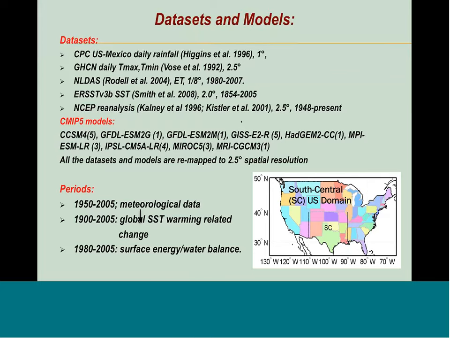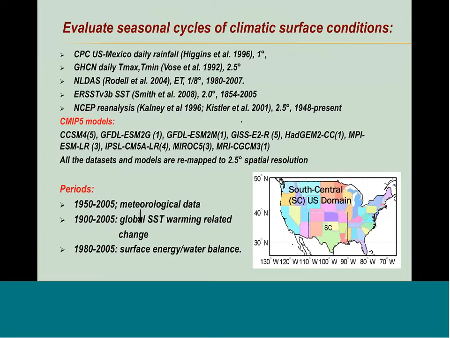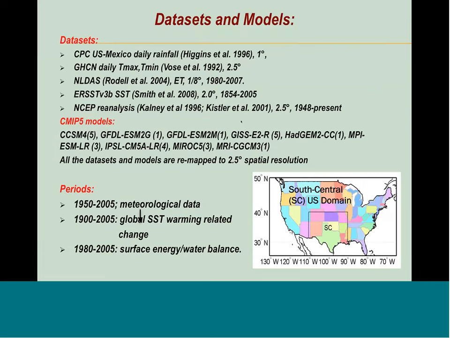The number in the parentheses indicates the number of historical ensemble simulations available for each model. We average over all ensemble members, so each model has one ensemble mean. We also remap all the models and data to 2.5-degree spatial resolution.